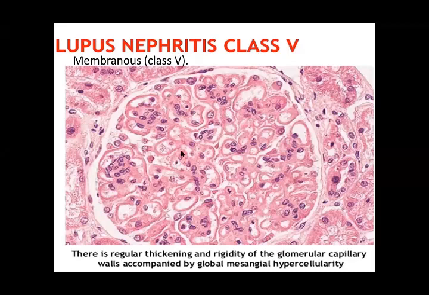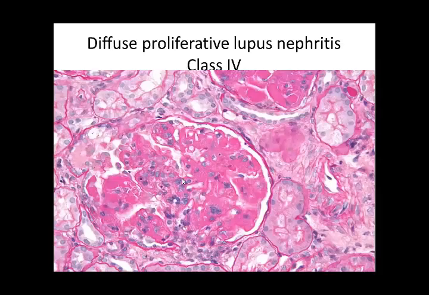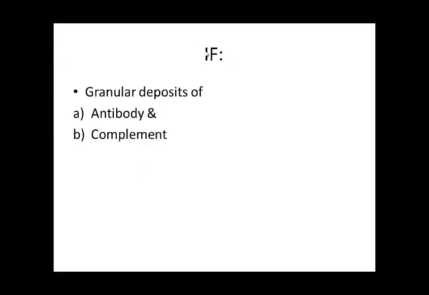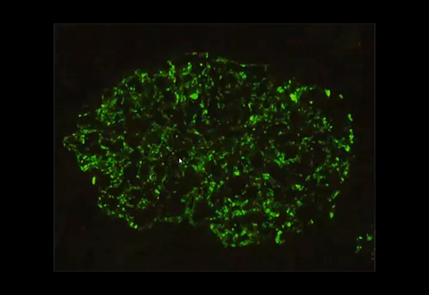It is mesangial proliferation accompanied by a lot of other things: glomerular wire looping, and we have got so many thrombi in the blood vessels. On immunofluorescence, antibody and complement have granular deposits. This is what a lupus nephritis kidney looks like.